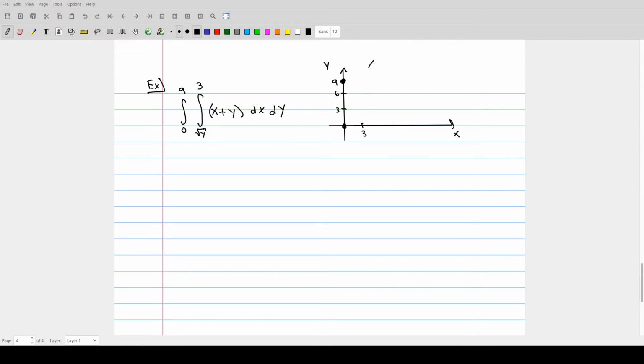Well, the curve x equals the square root of y is the same thing as the curve y equals x squared. So it looks like this. When x is equal to 3, y is equal to 9, which is exactly what we expect.